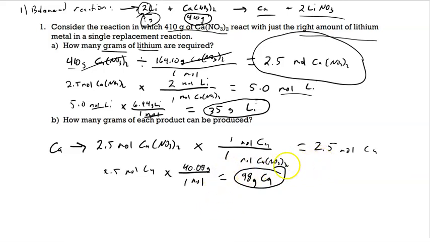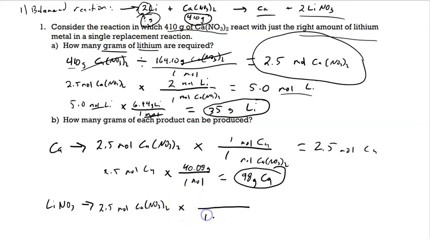Now, let's move on to the next one for lithium nitrate. LiNO3 is my other product. Okay? So, I have 2.5 moles of calcium nitrate. All right, I'm going to multiply that by my mole ratio.